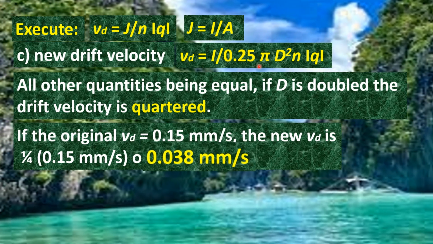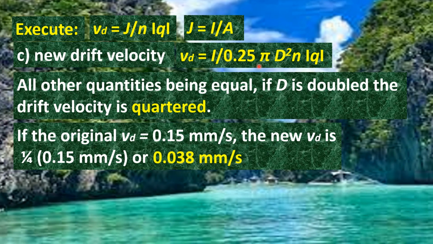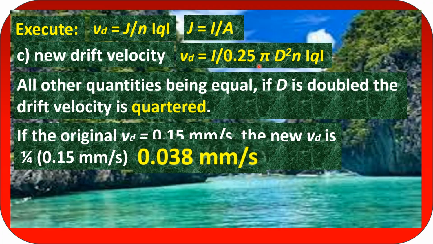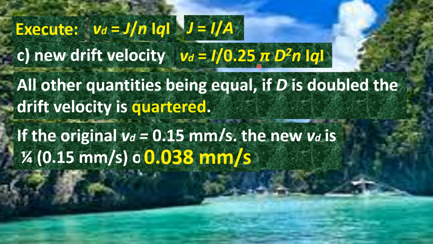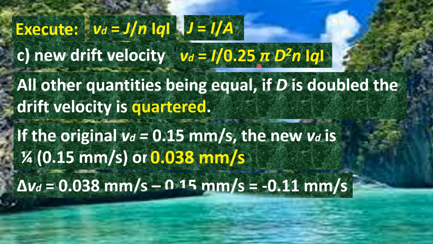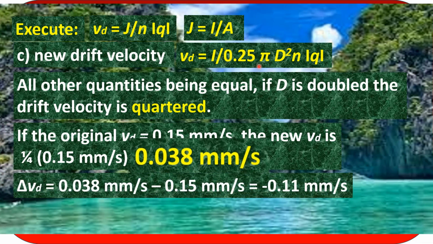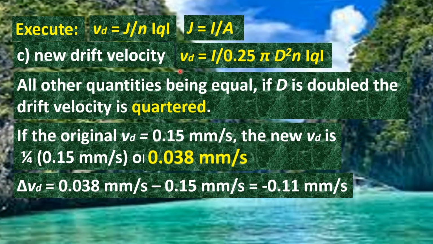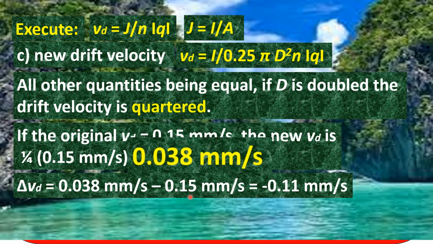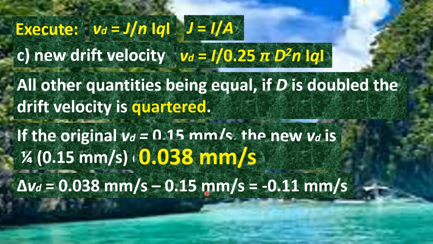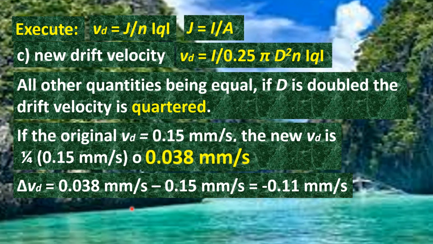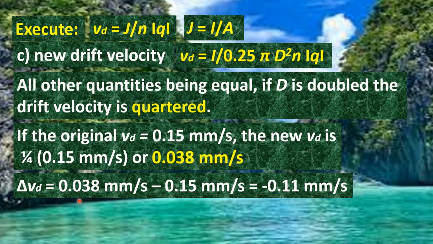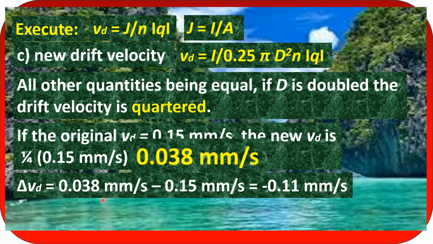And we also say that the drift velocity is decreased, the delta V d from the original value of 0.15 millimeters per second to the new drift velocity 0.030 millimeters per second.